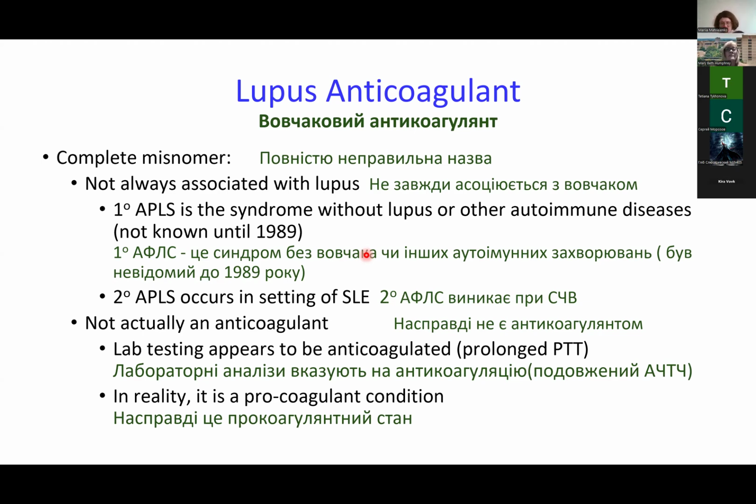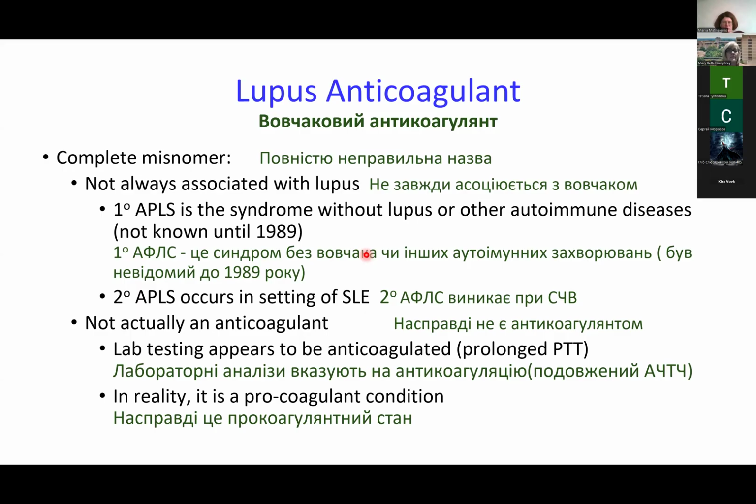And you can have a lupus anticoagulant in other autoimmune diseases. You could have it in RA, rheumatoid arthritis, or other diseases. So primary APLS is having this antibody with no autoimmune disease. Secondary antiphospholipid syndrome is when you have it with lupus or an autoimmune disease.